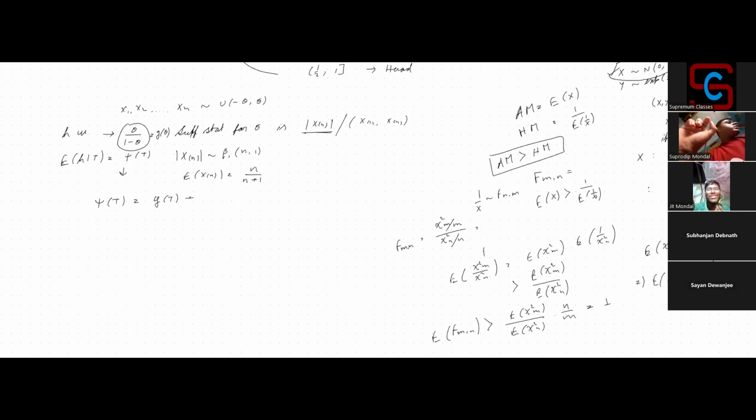What is the distribution of mod X? Mod X is uniform 0 comma theta. Then look at your expectation. What you have written? N by n plus one. Is there anything else? Sorry.